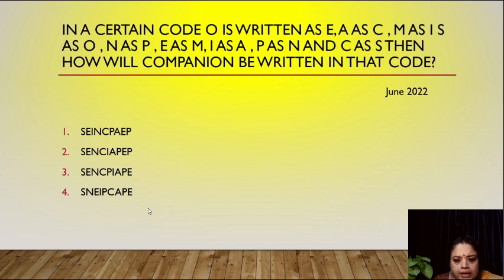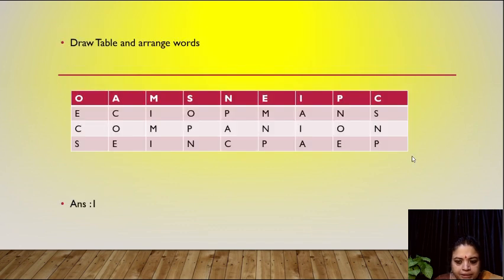When we do it in an examination hall, we need to check whether the answers are coming according to our pattern, and you need to represent all the letters based on that. So just look at the options also. Draw the table and then arrange the words as I have already mentioned. Here I am writing down the value of each and every letter given here.